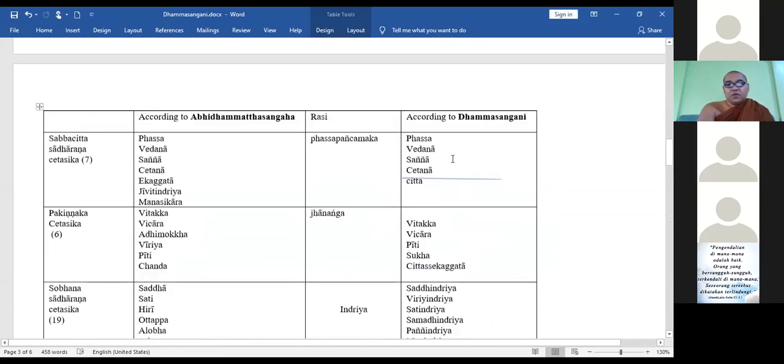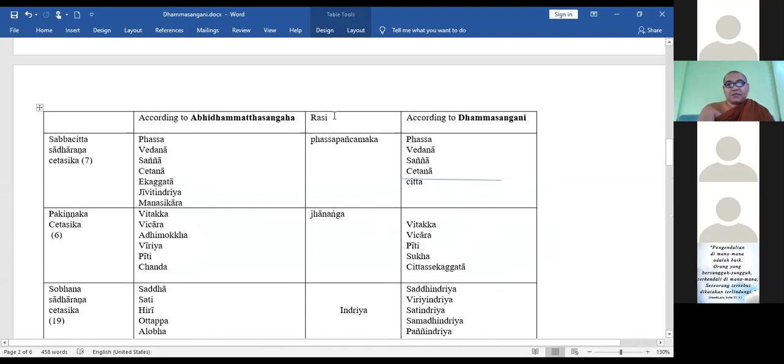Among the 56 Dhammas, if you put them into groups, you can see Phasa Panchamaka, okay? Phasa, Vedana, Sanya, Chetana, Chitta, 5.